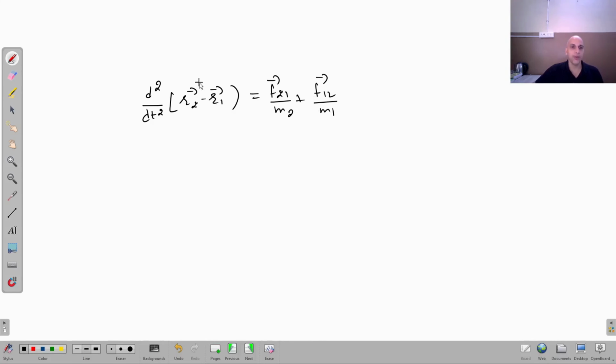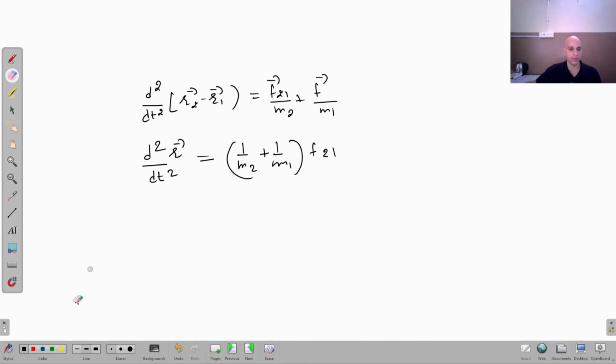So r2 minus r1, let it be equal to r. Then d square upon dt square of vector r, and F21 is common, so 1 upon m2 plus 1 upon m1 times F21. It was F21 here, I made a mistake, so let's correct it.